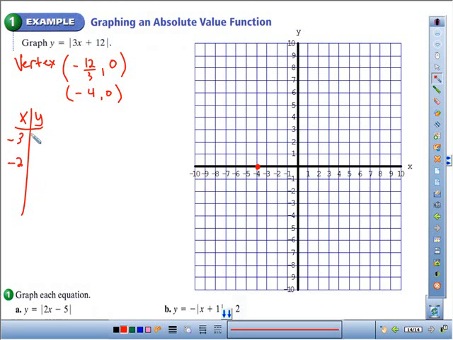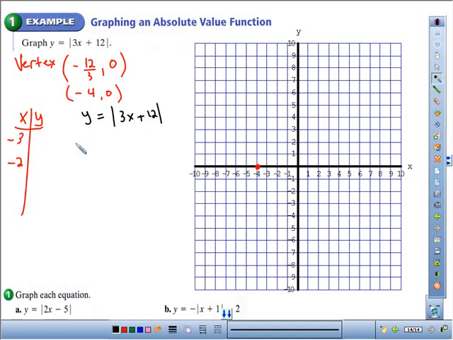In order to figure out what y is, all we're going to do is take x and plug it back into the problem. The equation we have is y is equal to the absolute value of 3x plus 12.